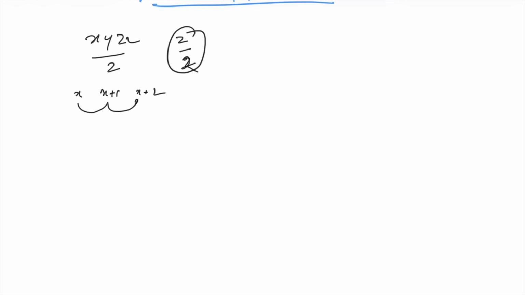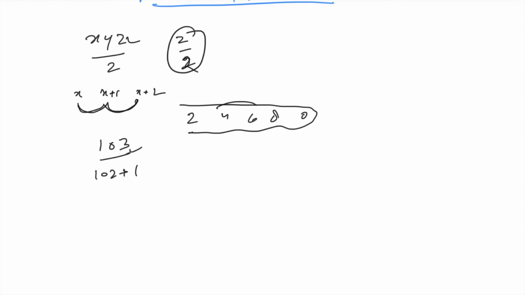So any big number, let's say it would be 102 plus 1. So the unit has the component of 2, and 2 goes like 2, 4, 6, 8, 0. So if we can see these on the unit side, that means that number is bundled in 2s, so the remainder would be 0.